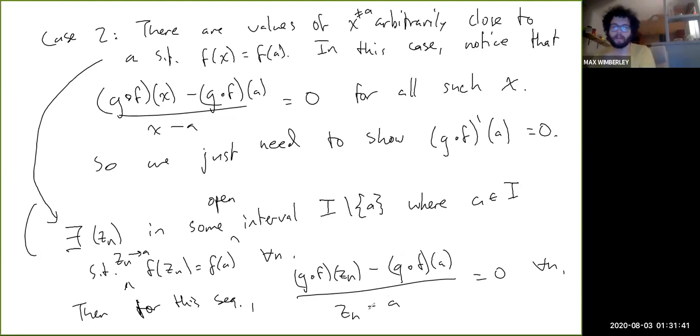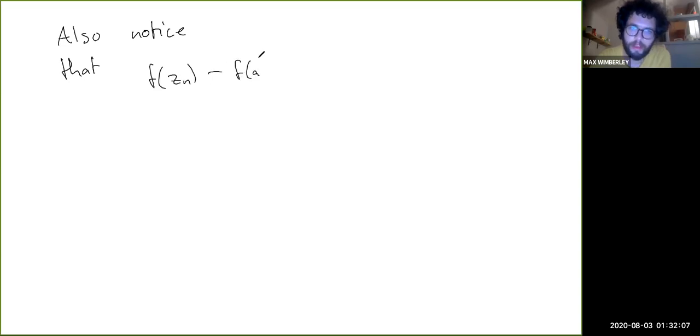So basically, the value has to be 0. Really, this effectively means that the value of f prime of a should be 0. Also notice that f of zn minus f of a over zn minus a equals 0 for all n.